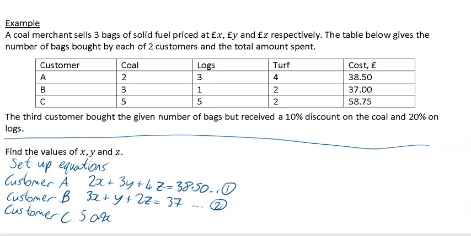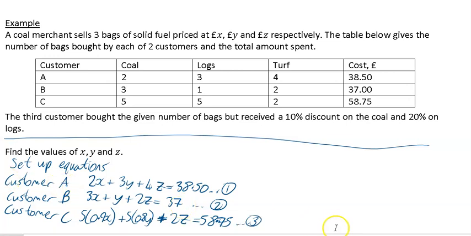So the 5 bags of coal are priced at 0.9x. And a 20% discount on logs. So instead of being charged Y, he's charged only 0.8Y for the logs, and he buys 5 logs. And, oops, sorry, I've forgotten the turf. So turf as well, he has 2Z, and his total cost is £58.75, and that's your equation 3.